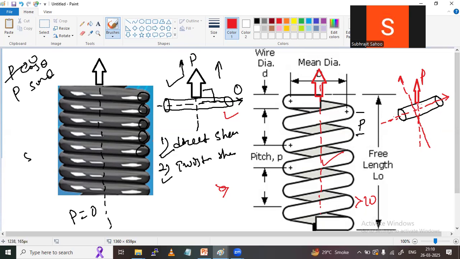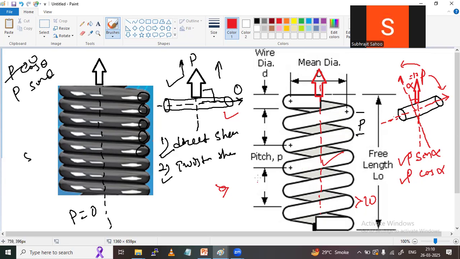If this angle is the helix angle alpha, more than 10 degrees, say 12 degrees, then the force will be resolved into two components: one vertical, another horizontal. P sin alpha is the vertical component and P cos alpha is the horizontal component.